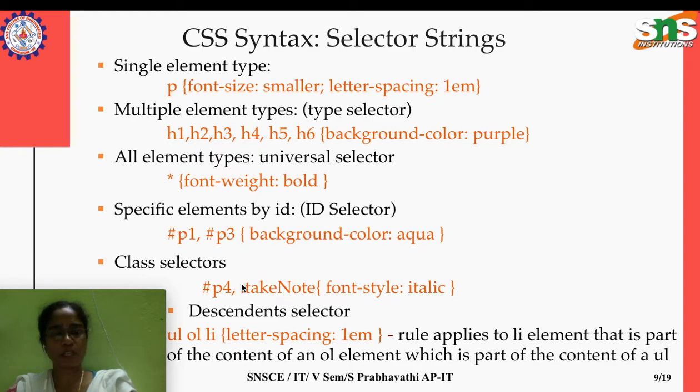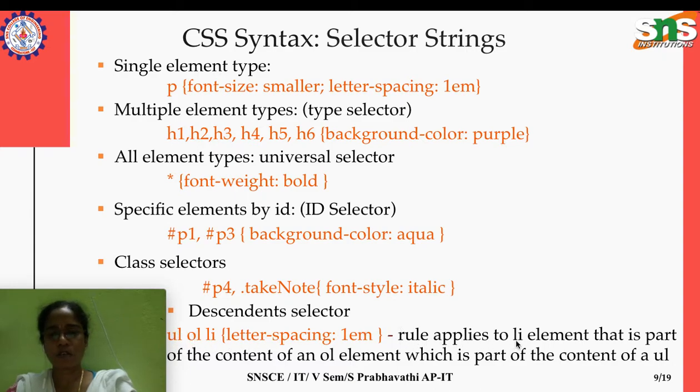And one more, you get to know the selector string, in this order. I hope you know these HTML elements: unordered list, ordered list, list item, with letter spacing of 1 em. What does it mean? A list item which follows this order, any list item which is under OL, and that OL which is under UL, will apply this style.